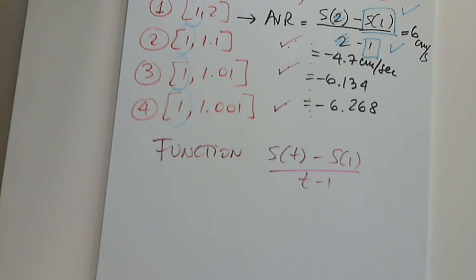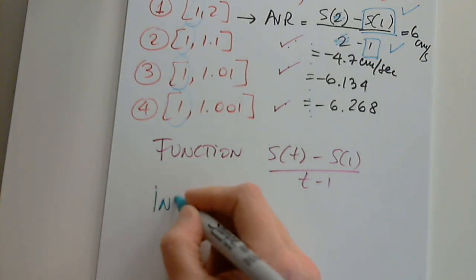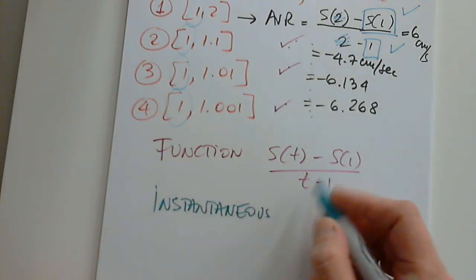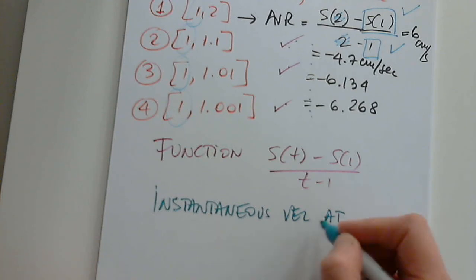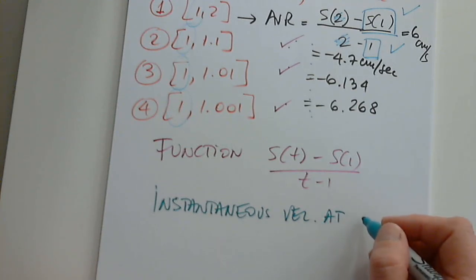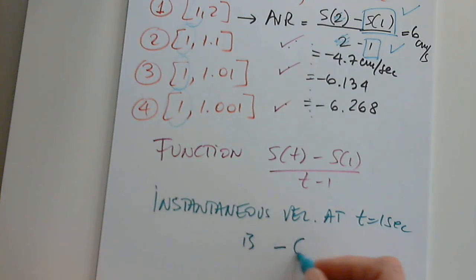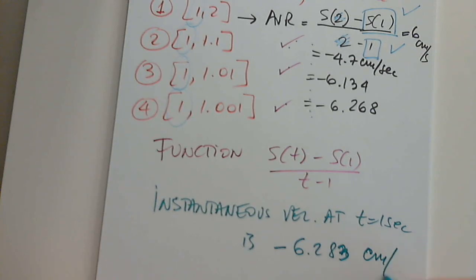So it would be -6.283, which means it's coming back. That's all it means. So the instantaneous velocity at t equals 1 second is -6.283 centimeters per second.